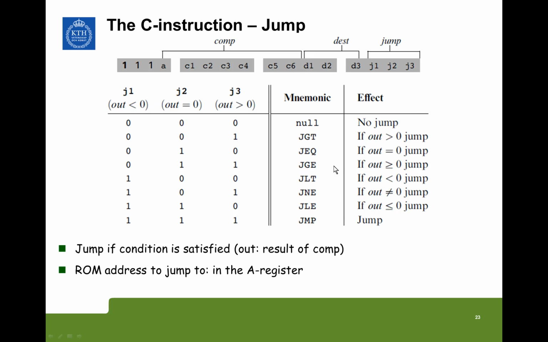So if the jump instruction is jump if greater, then jump will happen if the outcome of the computation is larger than 0, etc., etc. We have simple jump if a jump has to be done in any case without condition. Again, note that the C instruction doesn't tell where to jump. So before such an instruction, the A register has to be set to the address where the program has to continue from.